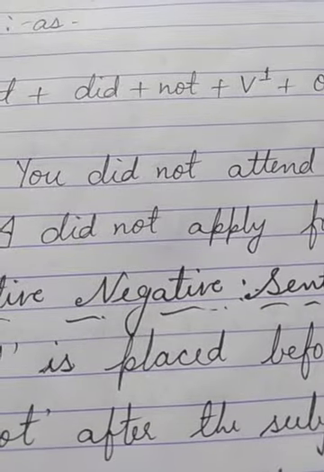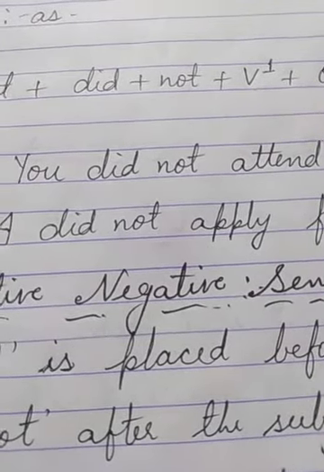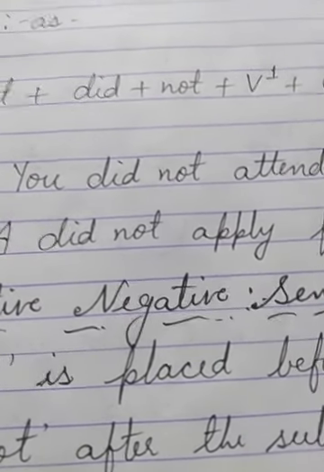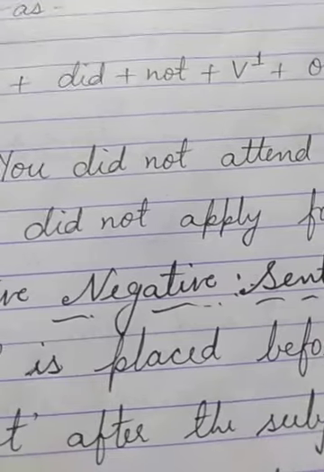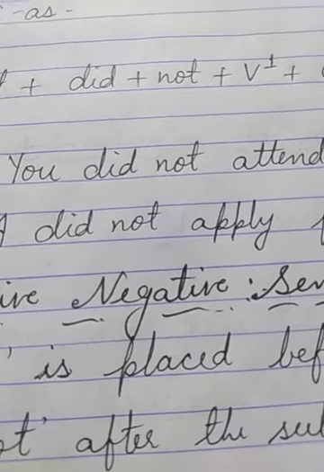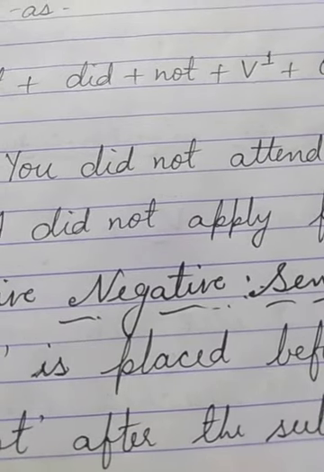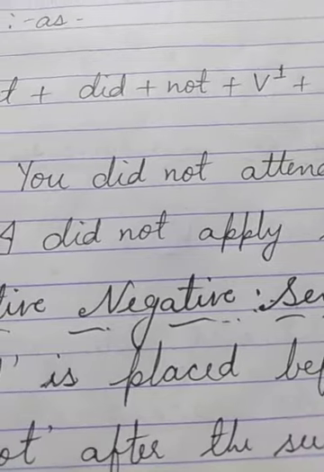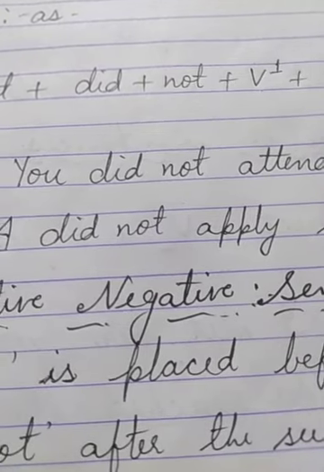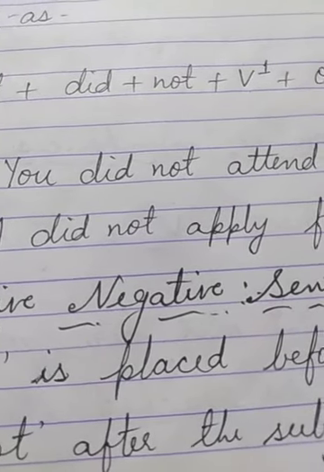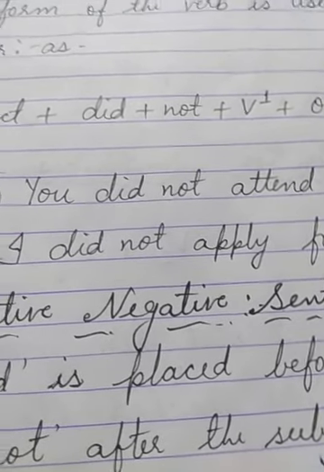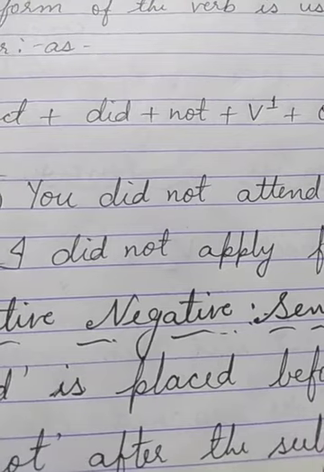And the rule for negative and interrogative negative is the same. How? Suppose you want to change any sentence into negative form, we write not after the helping verb. If you want to change it into interrogative form, we write the helping verb first. If you want to change the same sentence into WH type, write the WH word first. Then for interrogative negative, we write the helping verb before the subject and not after the subject.